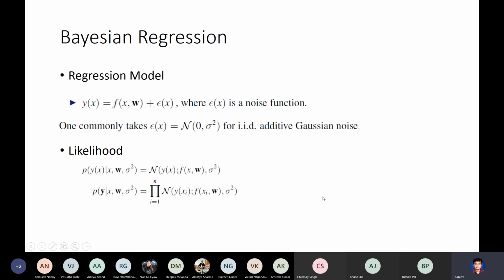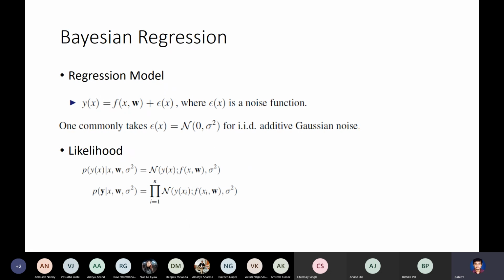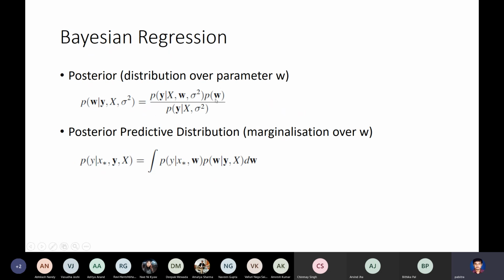So a number of small Gaussians you multiply. So this is my likelihood function, and you can apply the Bayes rule using this likelihood function and some prior distribution assumption on w.